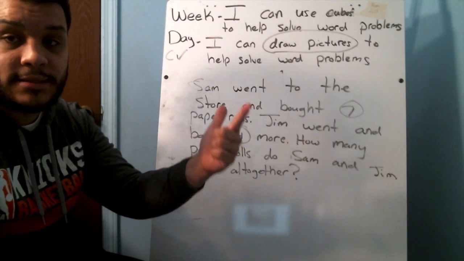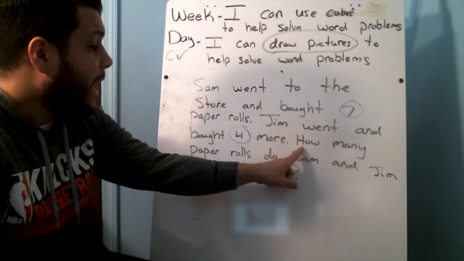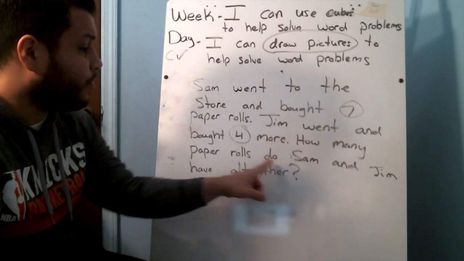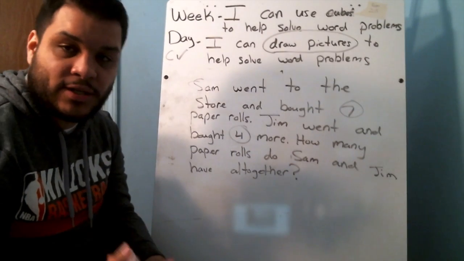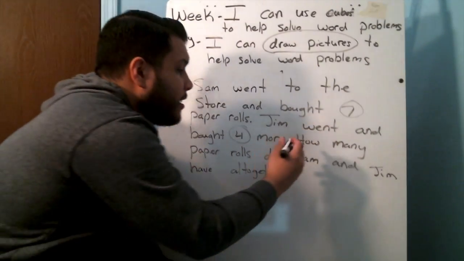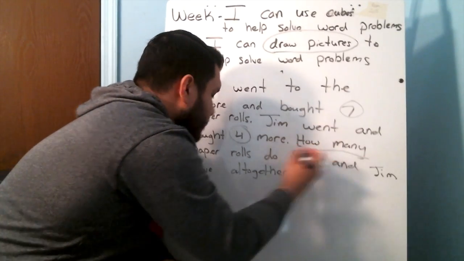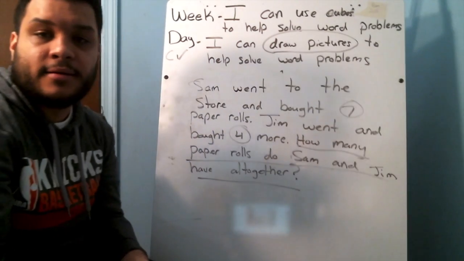Who, what, when, how. How many paper rolls do Sam and Jim have all together? Is that asking something? It is asking something. So I'll underline that. How many paper rolls do Sam and Jim have all together?